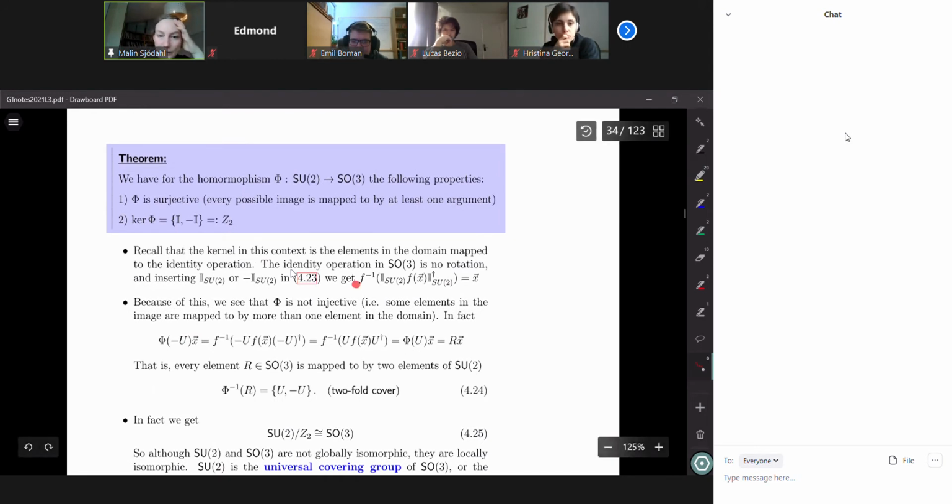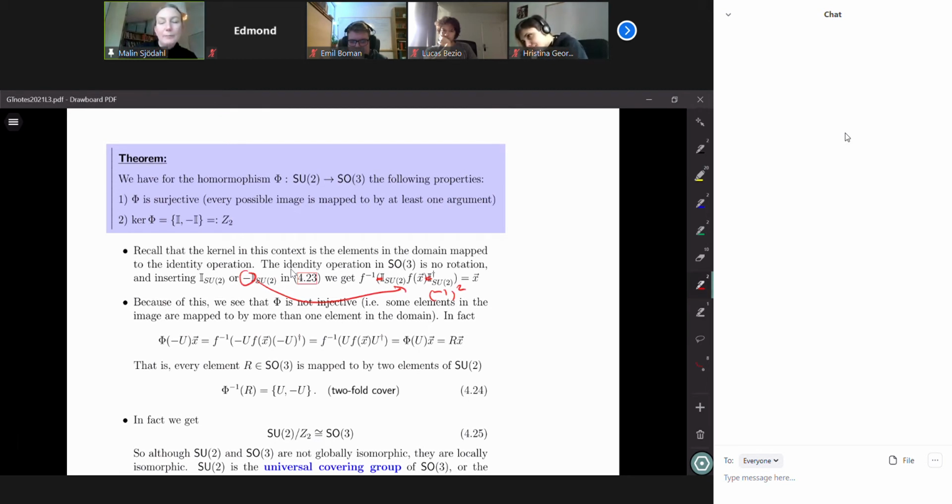So we then have F inverse, the SU2 1 or the -1, and then the F of x, and then the dagger slash inverse of this SU2 element. So if it's the 1, it's clearly the same, and then we're back to x. Then actually, if we instead consider the -1, what's happening here then is that we have a minus sign there, and we have a minus sign there. So we have -1 squared, that is 1. So we are also back to x. So both these elements are mapped to the no rotation element.